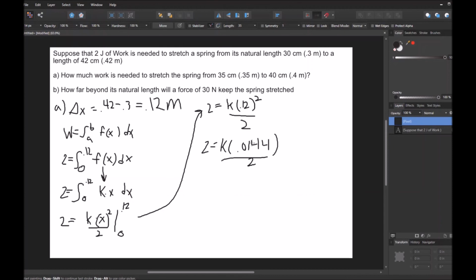Now, because I'm trying to get k by itself, I'm going to multiply both sides by 2. And I'm going to get 4 equals k times 0.0144. And then at this point, I can divide by 0.0144 on both sides.